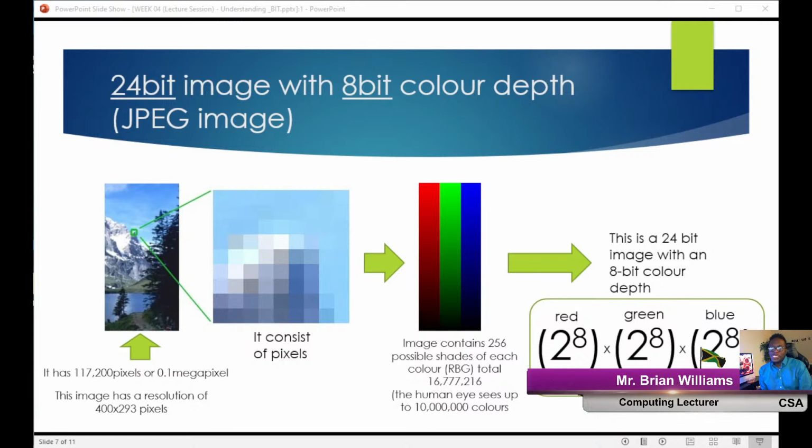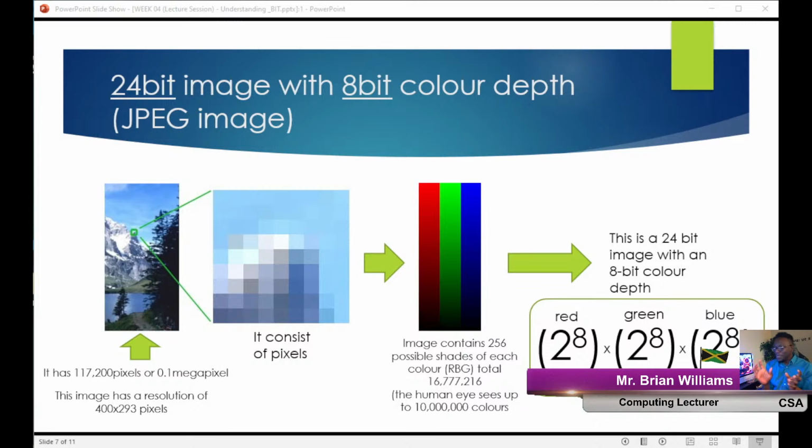And all of these shades are just overlapping on each other to give you the final output, which is your image. So hence, this is why some computers will say that this is a 24-bit image, because it has 256 shades of each possible color. Hence, that's how you get the 24. But it has an 8-bit color depth.